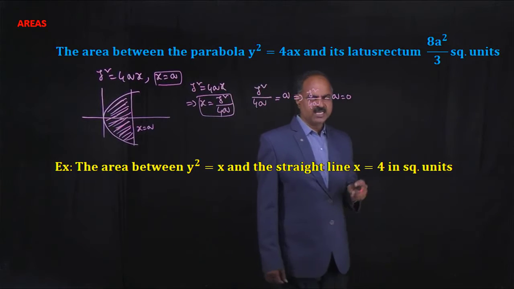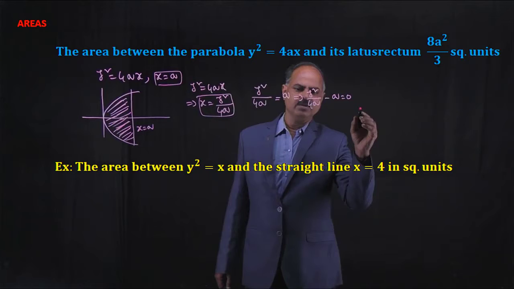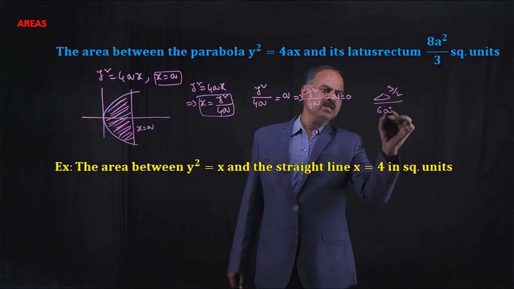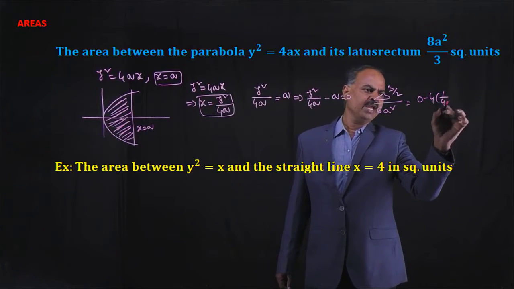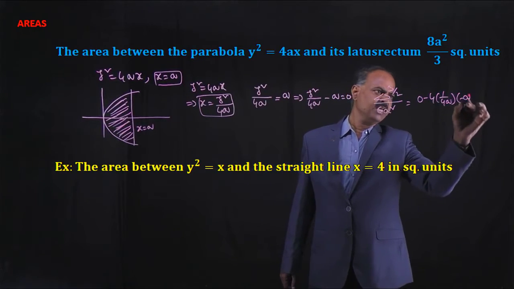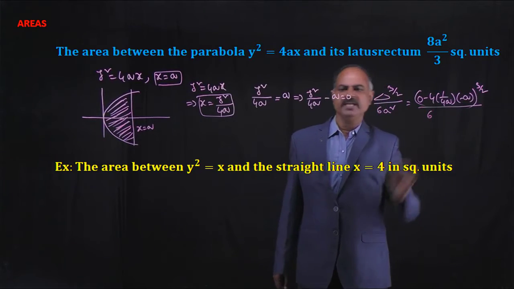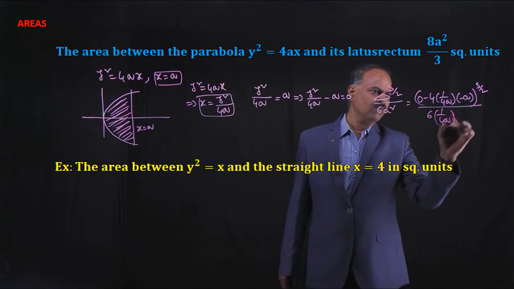Without cancelling, without simplifying, write delta power 3 by 2 by 6a square. Here b square minus 4ac, that is 0 minus 4 into 1 by 4a into (minus a), whole to the power 3 by 2, by 6 into a square, where a is 1 by 4a whole square.